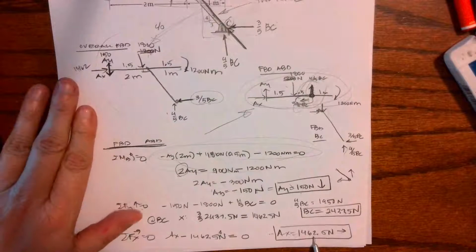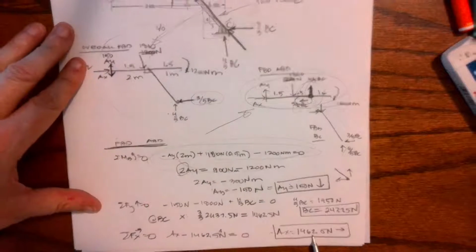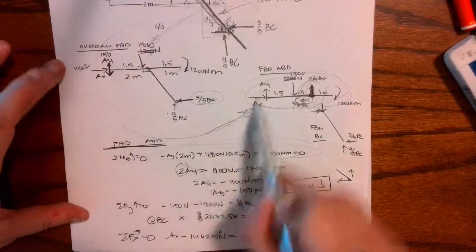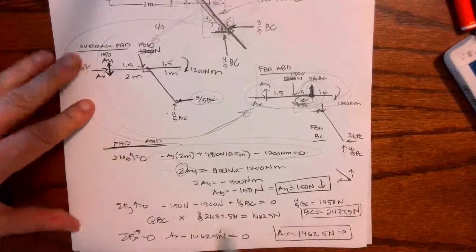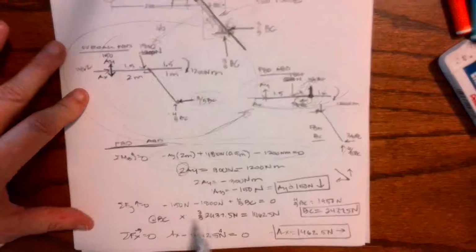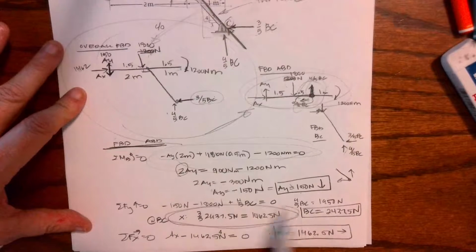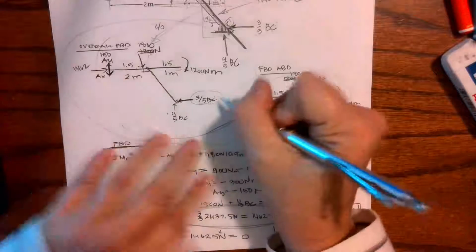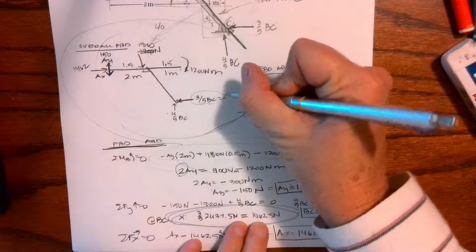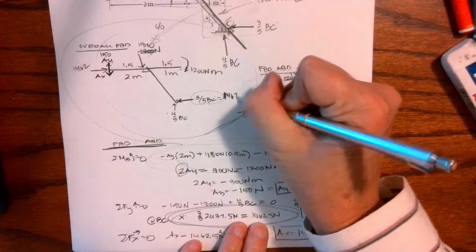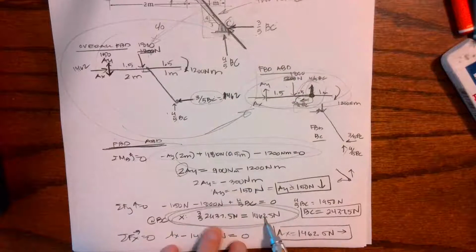If I know AX is 1462.5, I can go to my overall free body diagram. I've already calculated the X component right here. So that is my X component, 1462. I also know what the Y component is.